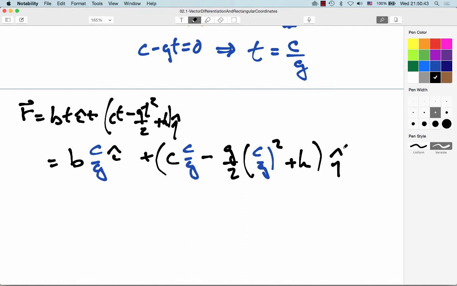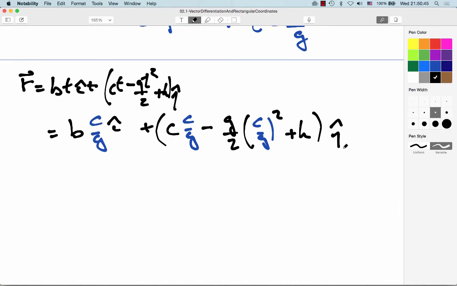So that's the where. Okay, we can clean this up just the tiniest little bit.